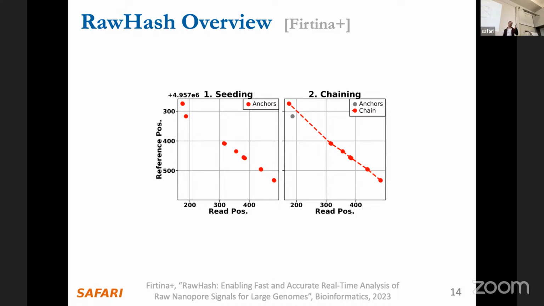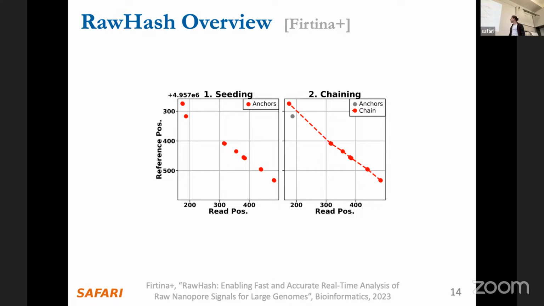For example, let's say the first match between the read and the reference is on the top left. Then if the next hit on the read is about 120 positions later, that should also be about 120 positions later in the reference. Okay, that's the case here, so this looks like a reasonable connection. You can chain them together.